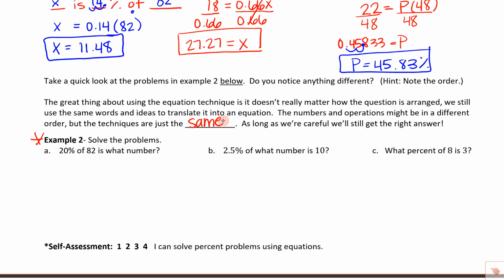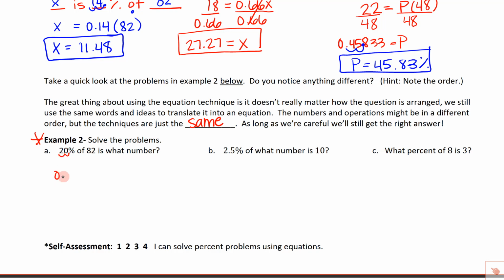So we have 3 problems to solve in a slightly different order, but it's the same technique. So 20% of 82 is what number? So we're going to do 20% times 82. Remember, when you see a percent, change it to a decimal.